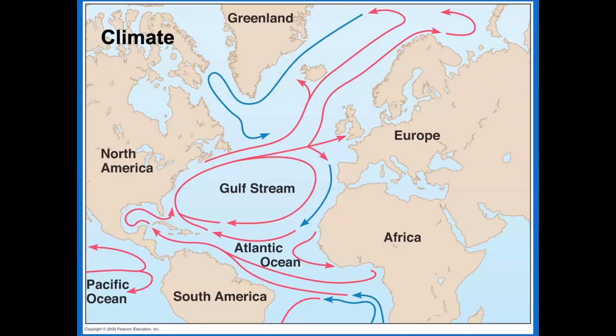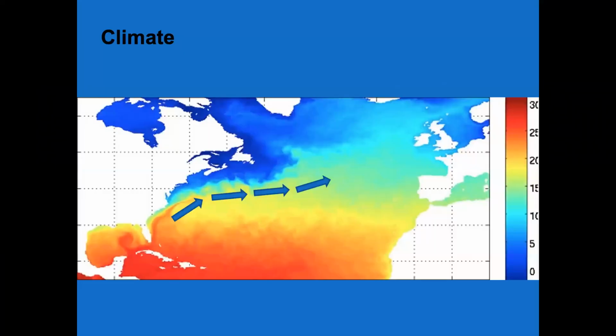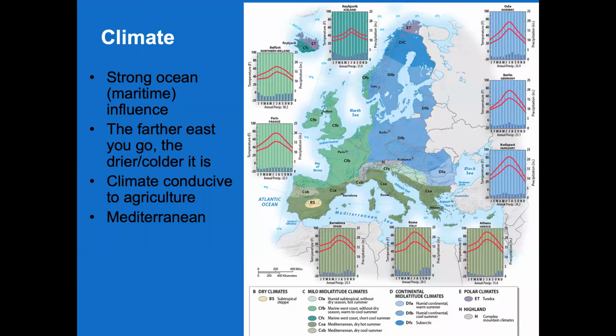All right, so back to this. Again, there's that Gulf Stream, a non-moving image, but to show you the fact that it is traveling in the direction of Europe. And as a result, you tend to have relatively mild climates. The climates are comfortable.